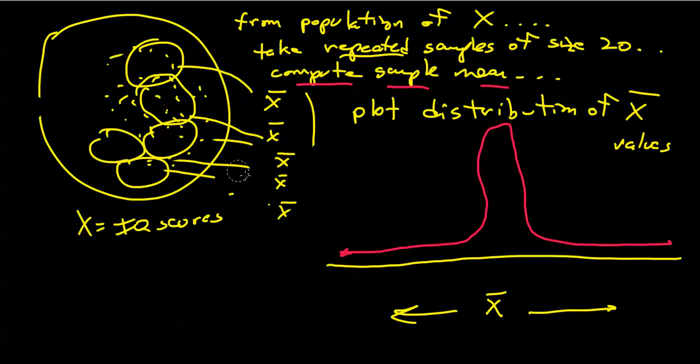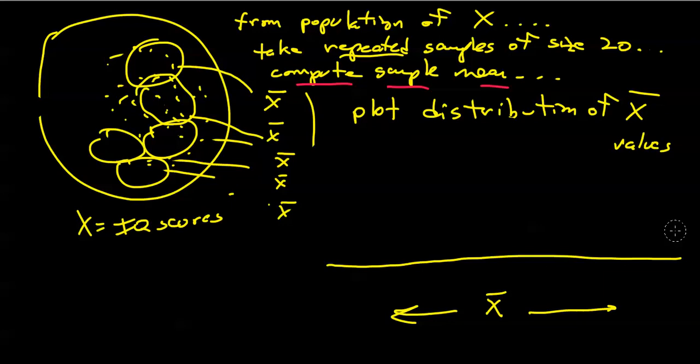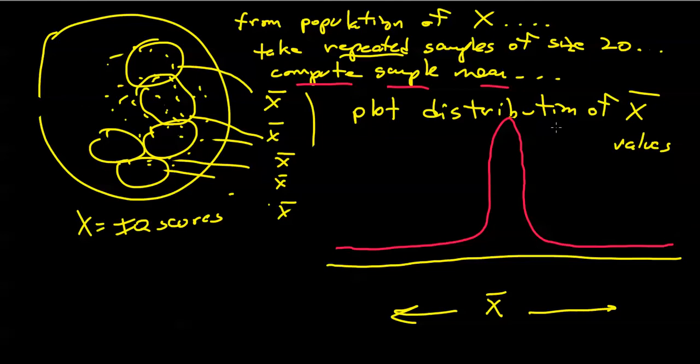Let me try that again. It's hard to do this freehand on the tablet. I think you get the idea. I may be exaggerating this a little bit. You'll still get a bell-shaped distribution of X bar values, but with a much sharper peak, in other words, a much smaller standard deviation.